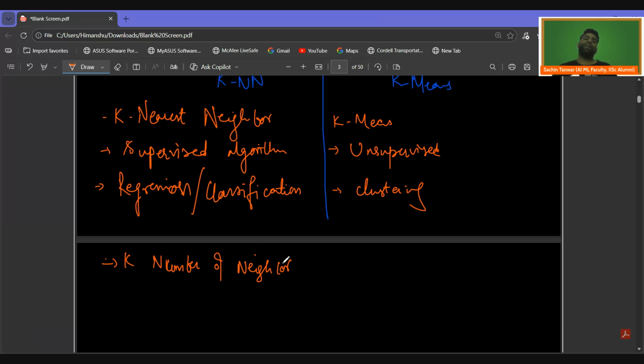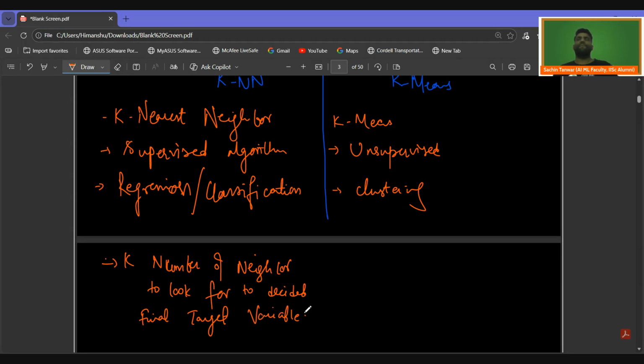Whichever is the dominant class, my class for this data point becomes the same. If it's cat pictures or cat properties around, I would say this query point is also a cat. If it's a dog, I would call it a dog. K is the number of neighbors to look for to decide the final target variable. And there can be mixed pictures as well.